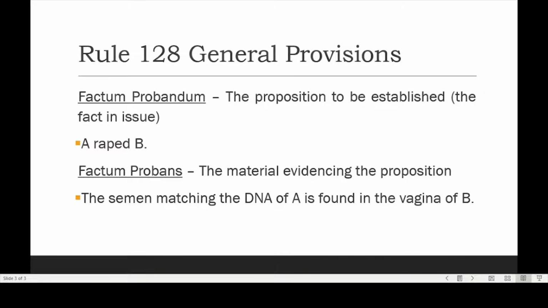We want to establish in court that A raped B. So how do we prove that? How do we establish that? By showing our factum probans. Our factum probans is that the semen matching the DNA of A is found in the vagina of B. So that is our factum probans, or our evidence that A raped B.